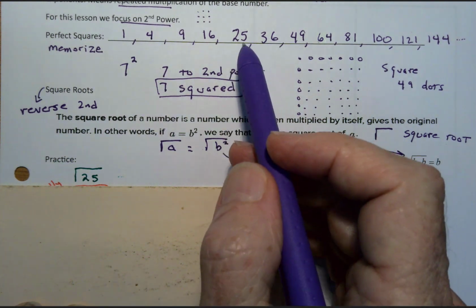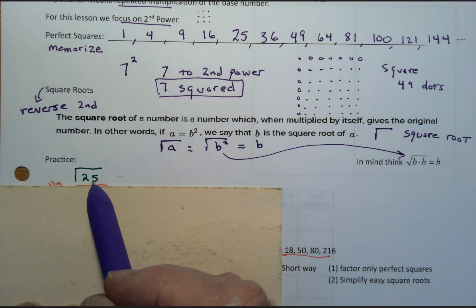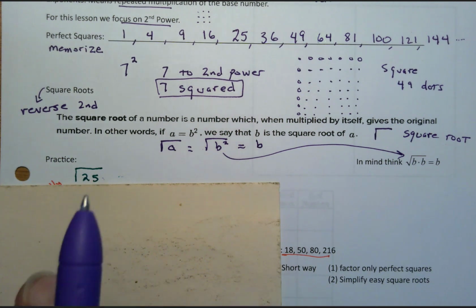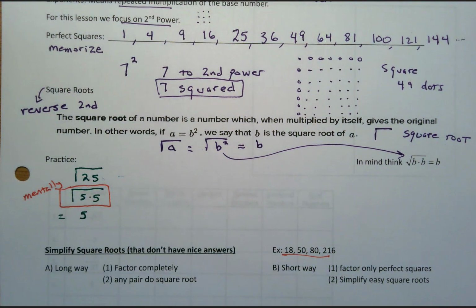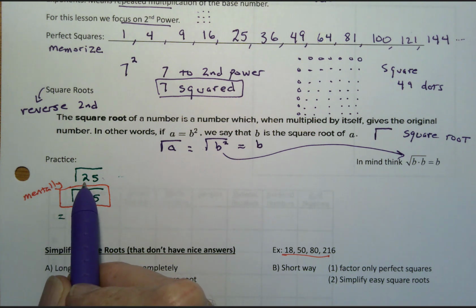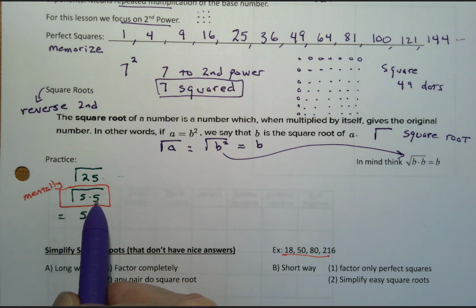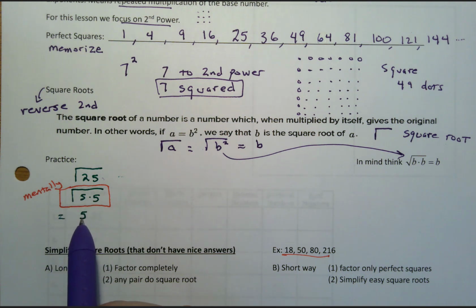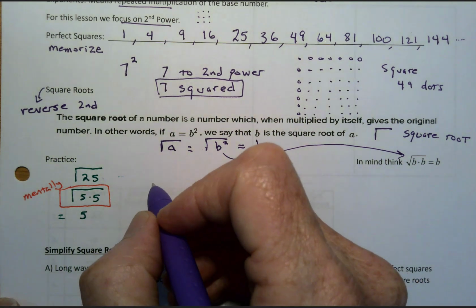In your mind, you don't write this down, but mentally you think, oh, the square root of 25 is the square root of 5 times 5. So if you have two factors of 5 and you do that square root, that equals just the normal number 5. So that's what we're doing with these perfect squares.